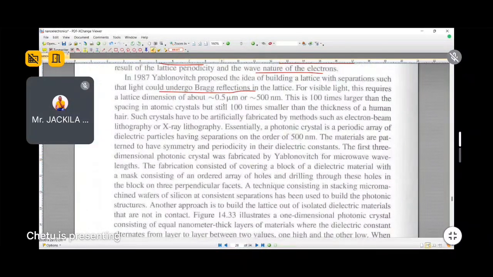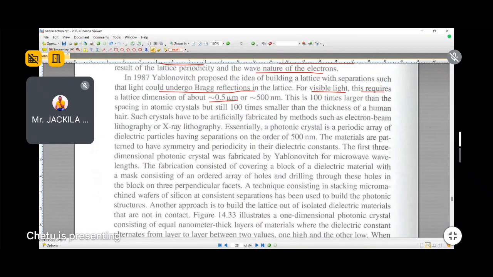And now, where to use this theory? Let us consider the Bragg reflection mechanism for visible light, which is quite difficult to develop. But how it is done is that he developed certain 0.5 micrometer, or 500 nanometer, quantum dots, which are well separated with a distance of 0.5 micrometer, or 500 nanometers.